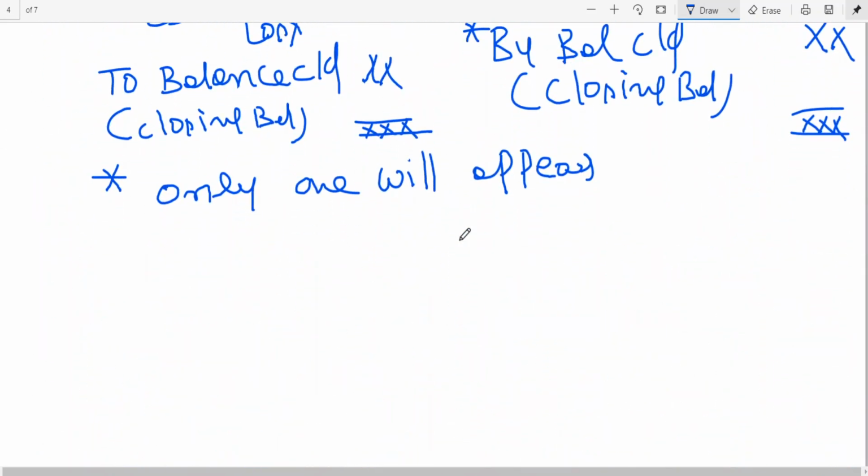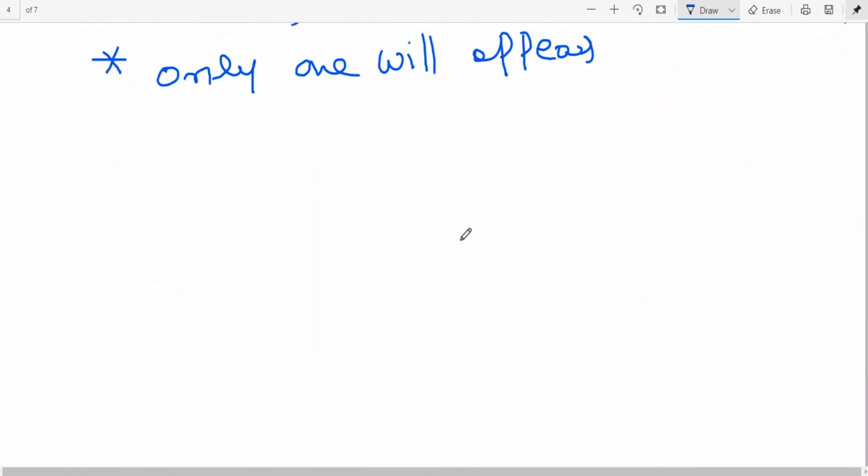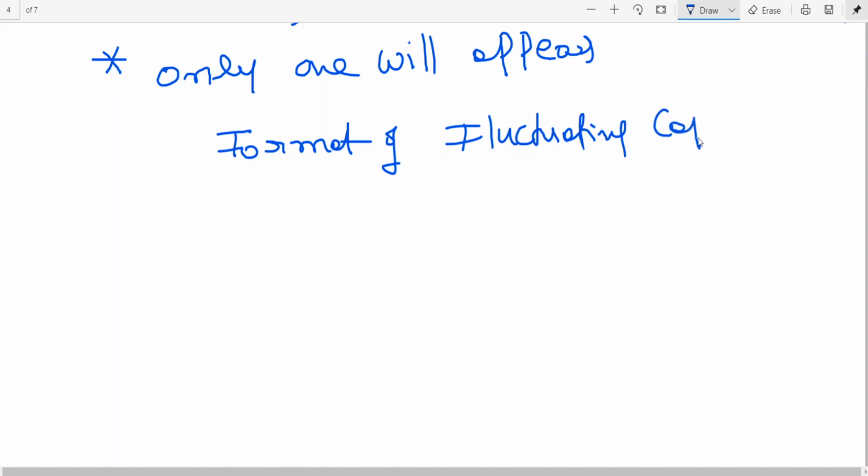Now if you mix this 1 and 2, it becomes which capital? Fluctuating capital. So now let us see the format of fluctuating capital.